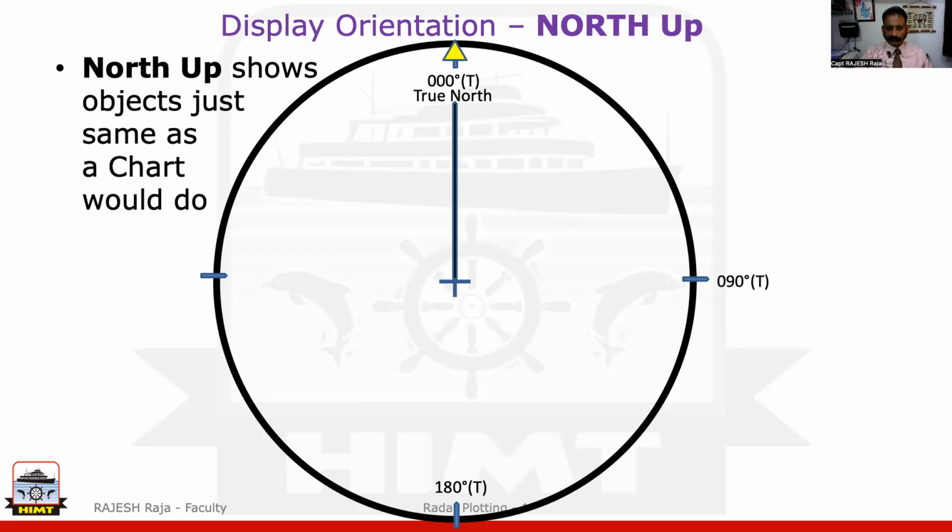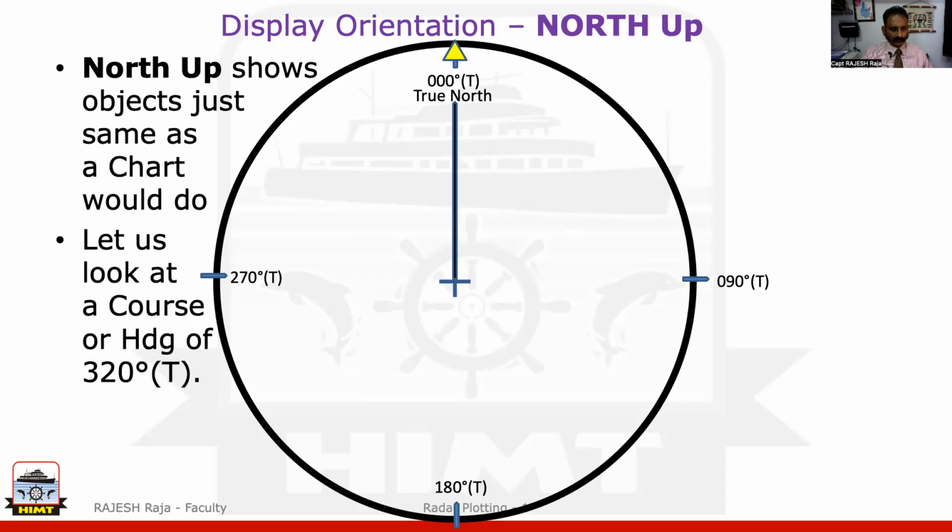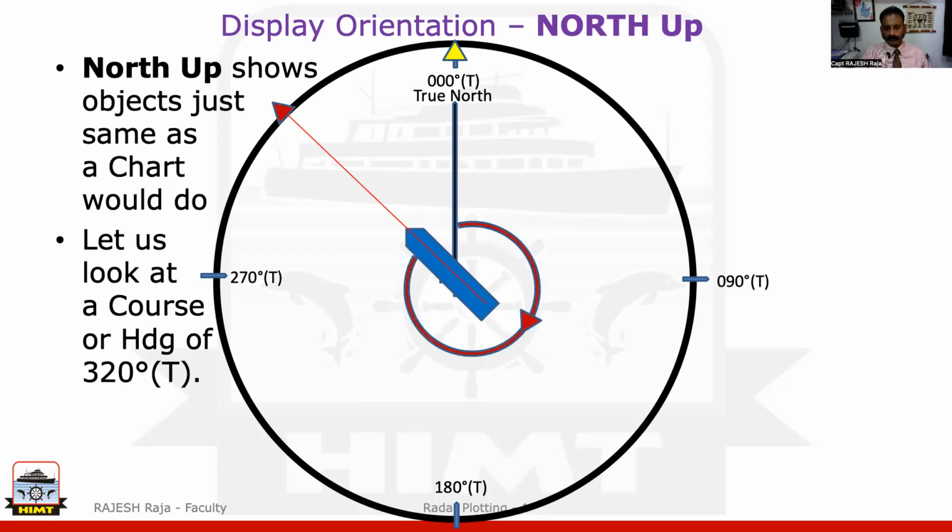I've marked the remaining cardinal marks. Let us assume that I'm on a course of 320, so if my vessel is heading 320, this is the 320 heading line. How do you measure this? You always start from the true north in a clockwise direction, and then you will get a heading called 320. This we have seen already in chart work, so just a recap.